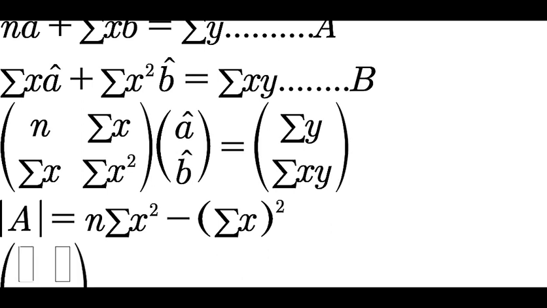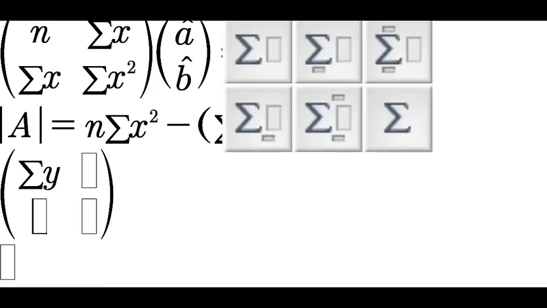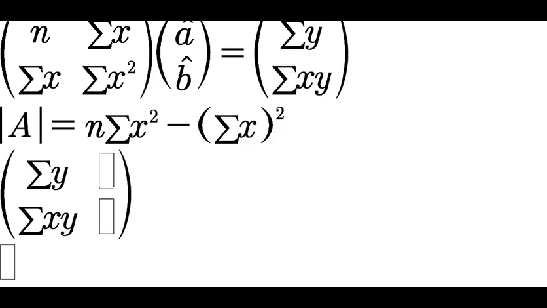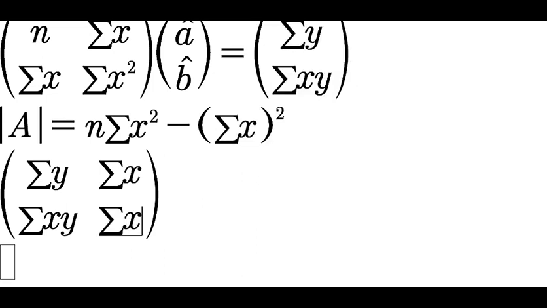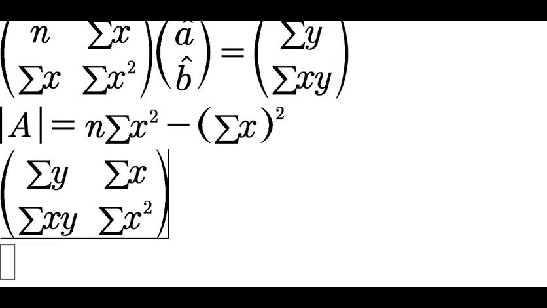Here we have summation y, summation xy, and we maintain the second column, which is summation x and summation x squared. Let's call this matrix B, and we shall take its determinant as well.